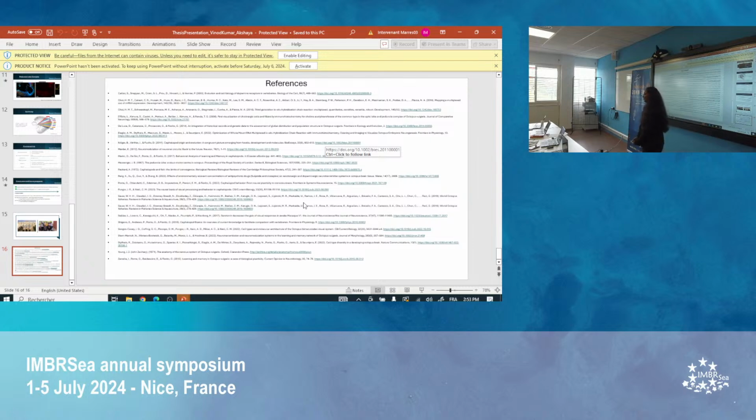Okay. Just to finish, to say that to try to understand the behavior of octopus, the reactions, and how physiologically it is responding, is very important for conservation and sustainable management of the species. Because, for example, in Asturias, there is a sustainable fishery of octopus.